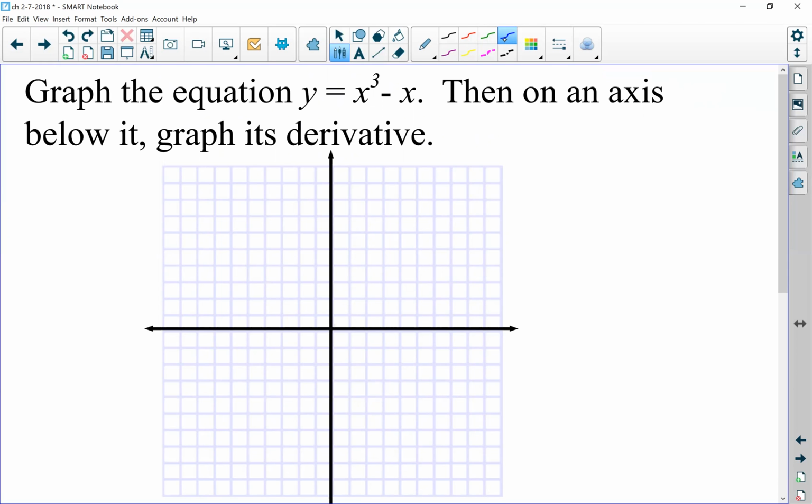And if we take x cubed minus x, I'm just going to graph some specific values. Might need to do a couple others.